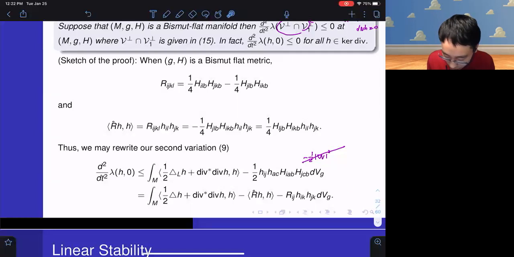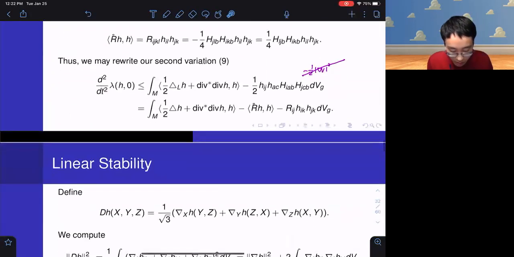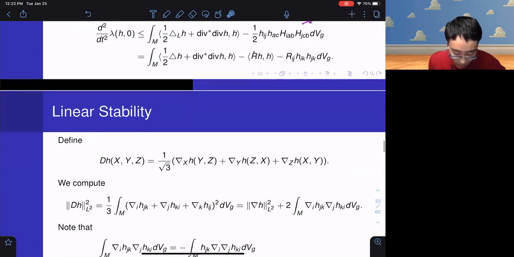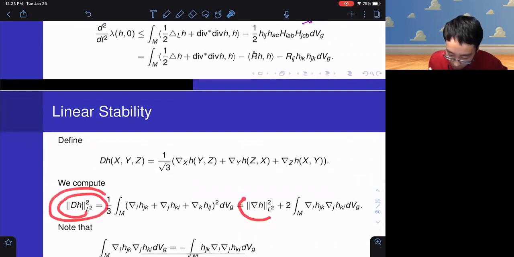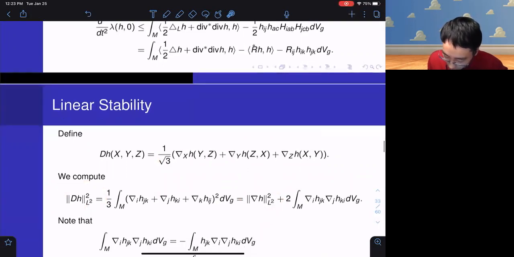So how to estimate it? We may use the Bochner formula, the Bochner idea. If you define dH like this, then |dH|^2 will be |∇H|^2 plus ∇_I H_JK ∇_J H_KI.